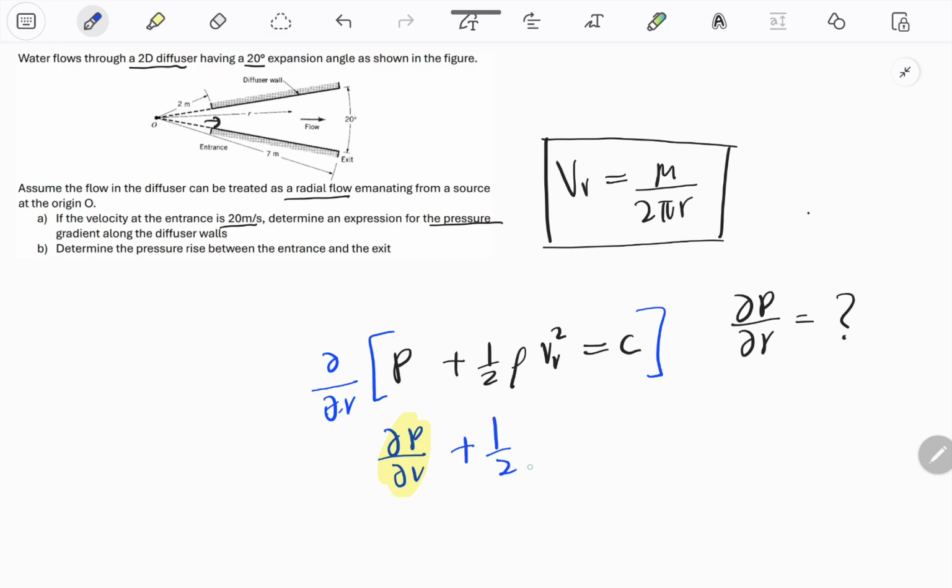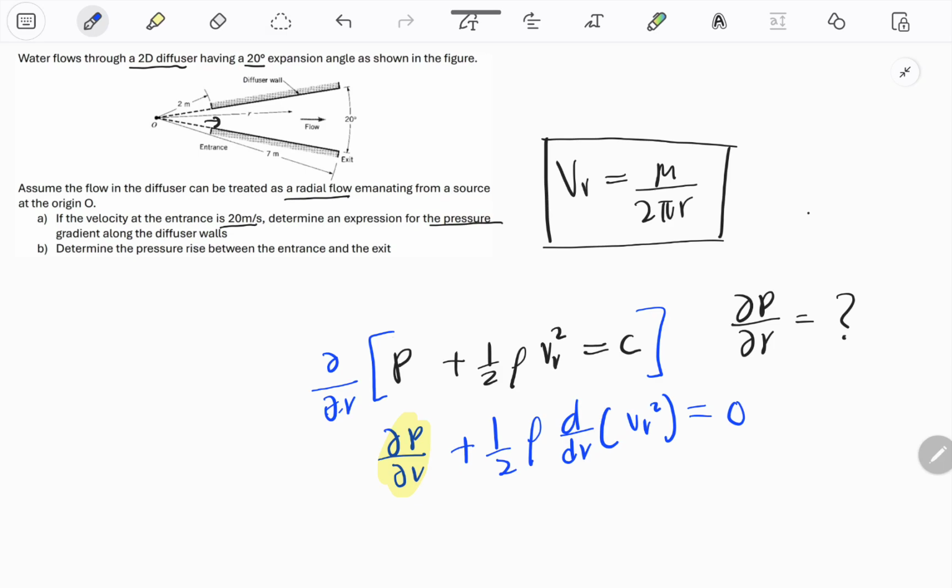Plus 1 over 2, density is a constant, considering it's incompressible, so I assume it's incompressible. Then the derivative with respect to r of V_r squared.